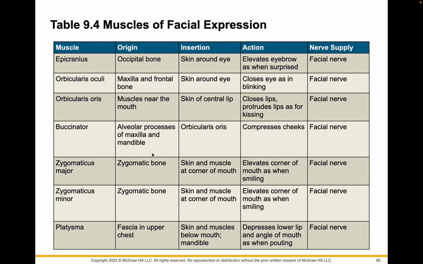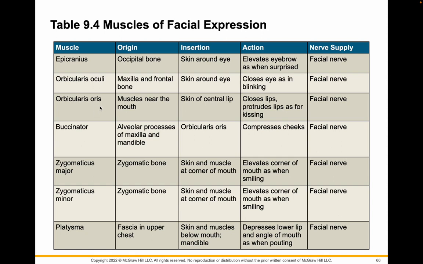So here are the muscles of the face and where their origin is, where their insertion is, and what they do. They're all innervated by the facial nerve because they're on your face. We haven't seen these yet, but there's epicranius, orbicularis oculi, and oris.